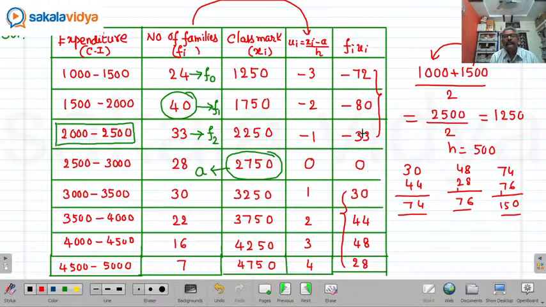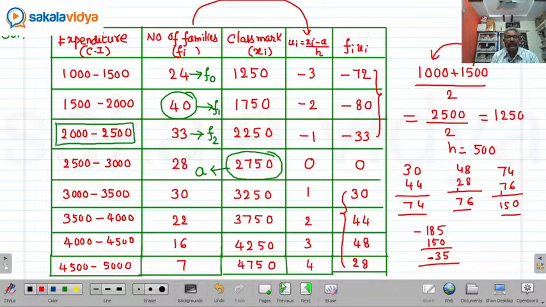Next add these two negatives: 185. That will be negative. Negative 185, plus 150, is negative 35. So this is actually the sigma Fi ui value, negative 35.